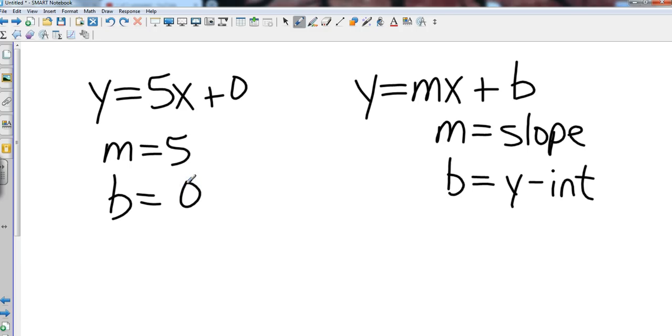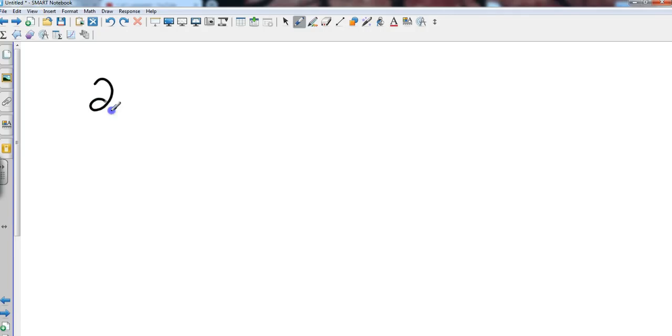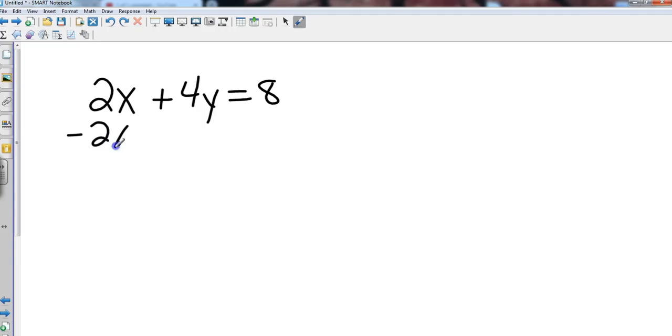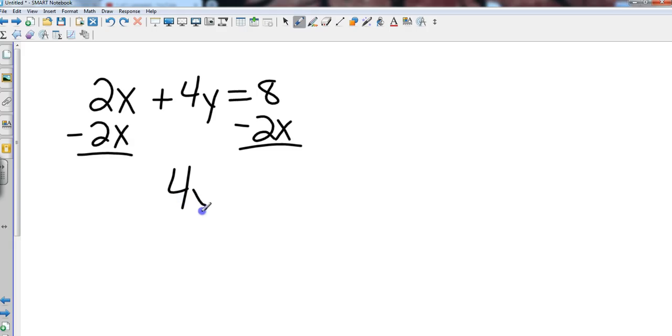Now, everything won't always be in perfect y equals mx plus b form. Maybe we have something like this. Well, if I want to get that in y equals mx plus b form, I got to get the y by itself. So this takes us back to last chapter, or 2 chapters ago. I'm going to subtract 2x from both sides. That's going to give me 4y.